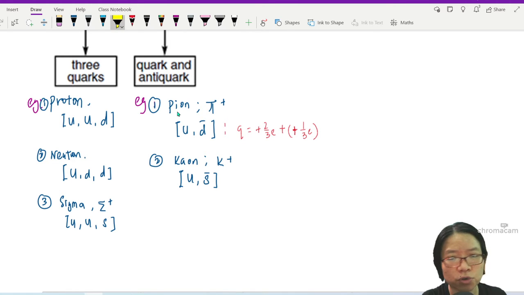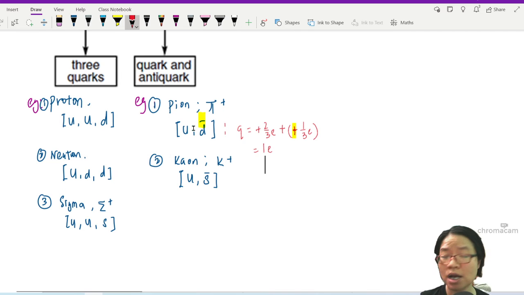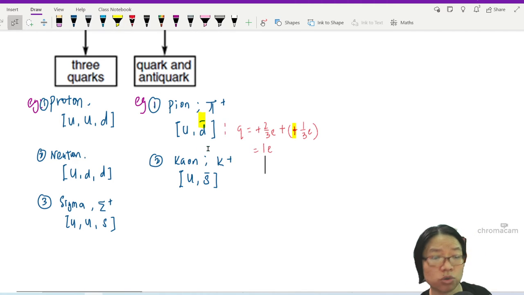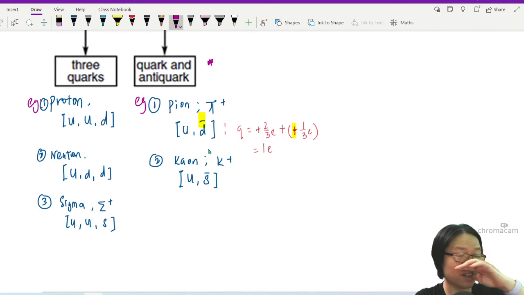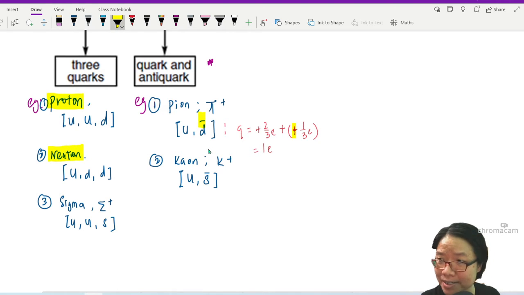Okay, so I'll write this for you. This positive here is due to this anti particle. That's why the charge for this will be 1. And the same thing happens for kaon. So what you actually need to know is, you need to memorize proton and neutrons. That's it.